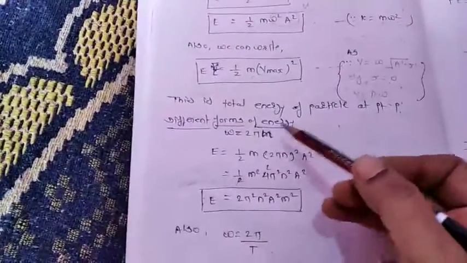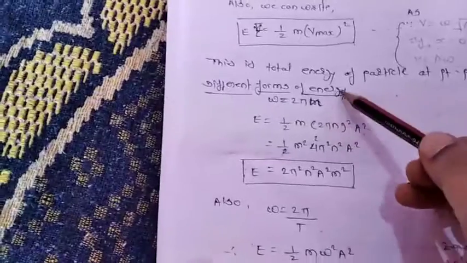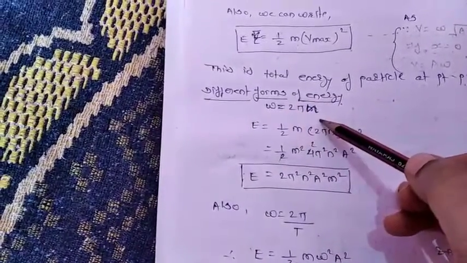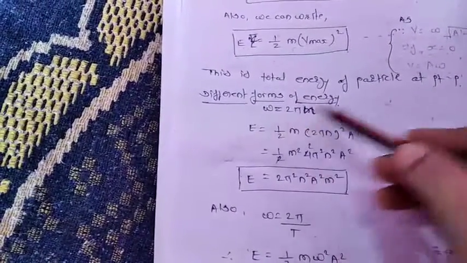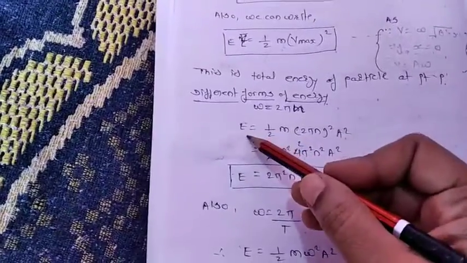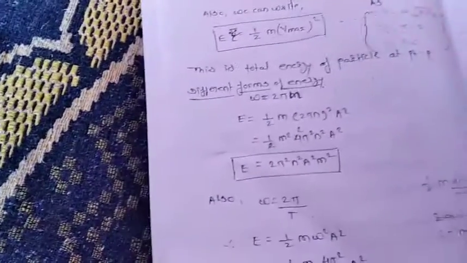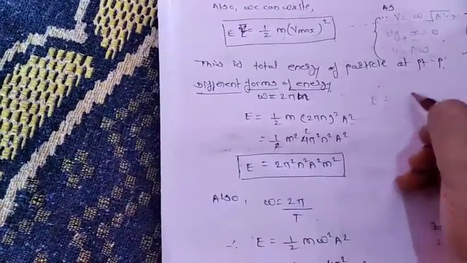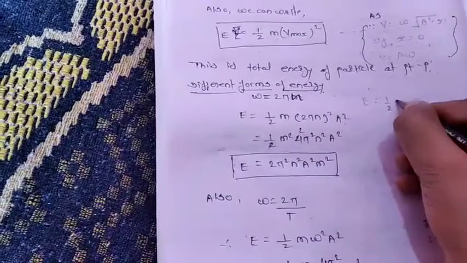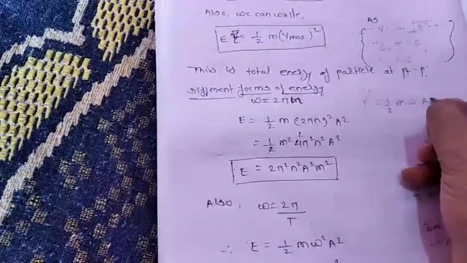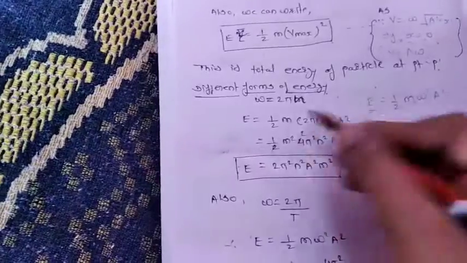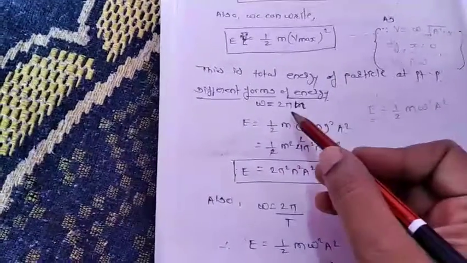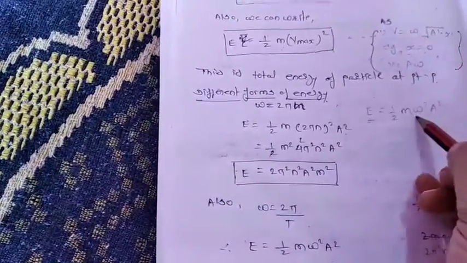So now we'll see the different forms of energy. We have omega is equal to 2 pi n, that is the angular frequency. So we have the formula for E as E is equal to 1/2 m omega square a square, this total energy. We'll put this value, 2 pi n, instead of omega.